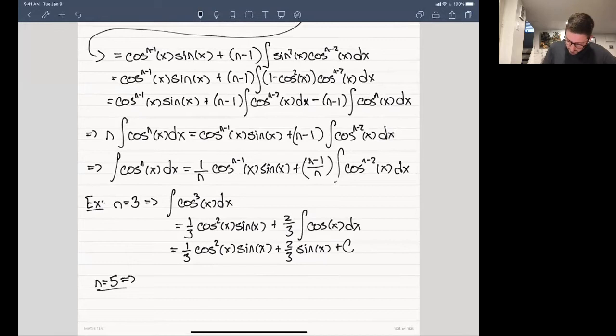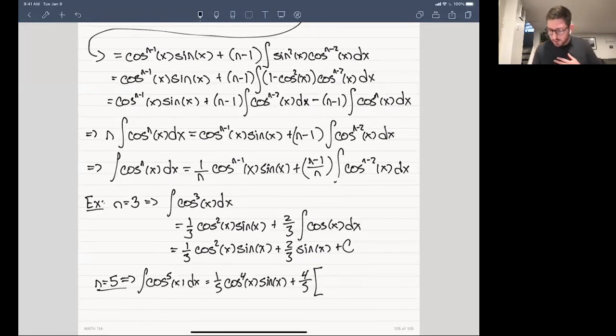But this tells me the integral of cos to the 5 of x dx is equal to 1/5 cos to the 4 of x sine of x, and then 4/5, and then the integral of cos cubed, which I just calculated above, so let me just write it all in. Cos squared of x sine of x plus 2/3, sorry, that's bad, sine of x. And then I'll just pop the plus c on the end because that's not really making a difference.